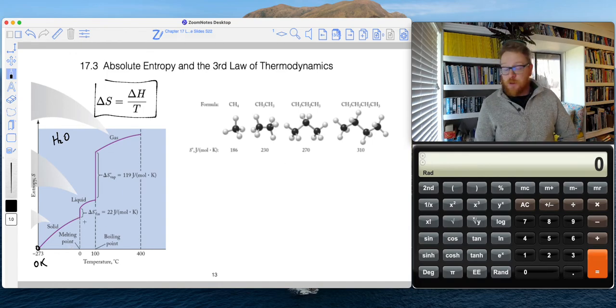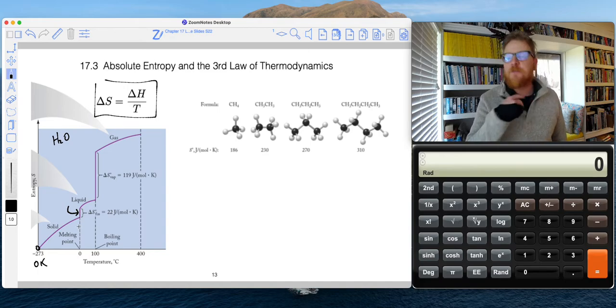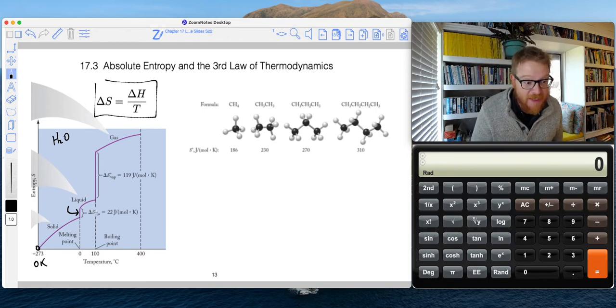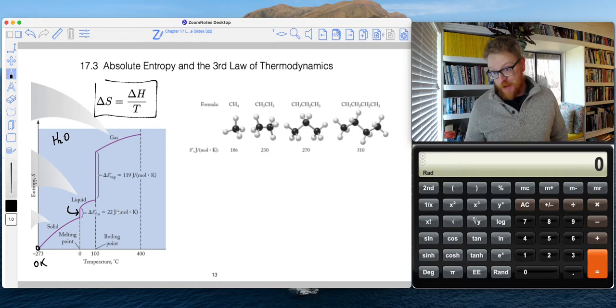And then we hit 0 degrees, and now all of a sudden we see a huge jump in entropy. Okay, so that huge jump is related to the fact that a phase transition is occurring. And what we get from that is this delta S of the phase transition. And of course, that delta S of the phase transition is really related to the delta H of the phase transition divided by the temperature at which it happens, okay?